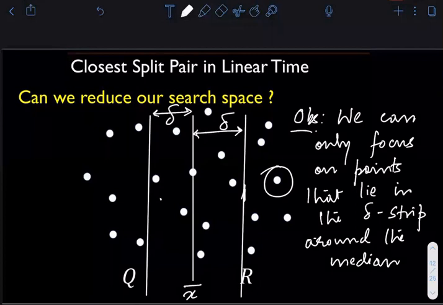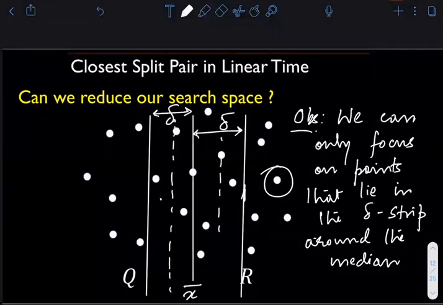Now there was a question, and I think some of you are also answering it. The question is, what if I just check delta over 2? The point is that what if one point from the pair lies exactly on the median? Then the other point in the pair might actually lie beyond this dotted line, because the distance can be as much as maybe a tiny bit less than delta.